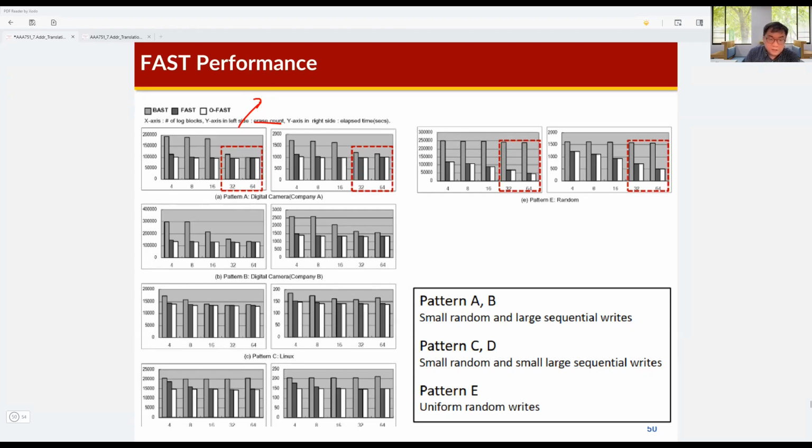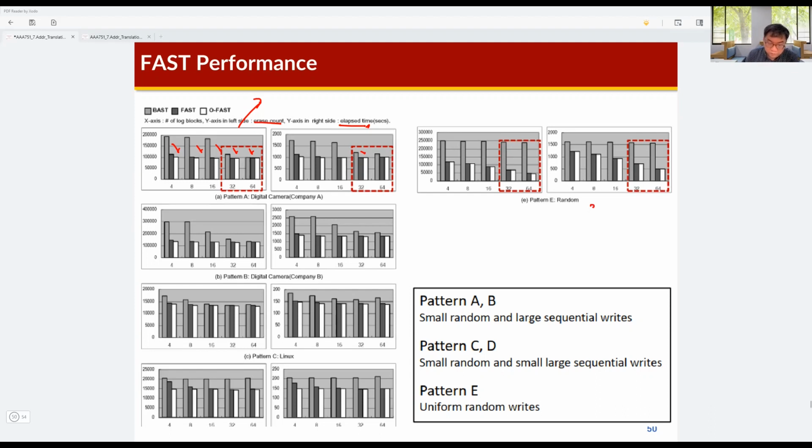Then, as you can see, the erase count is reduced, and as the erase count is reduced, the elapsed time of the storage device is also reduced. So that means that the performance of the storage device is improved with the FAST mechanism.